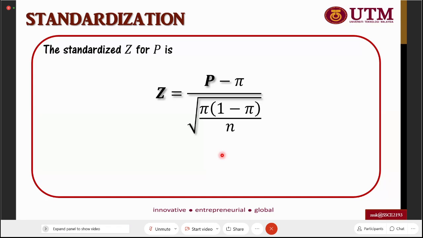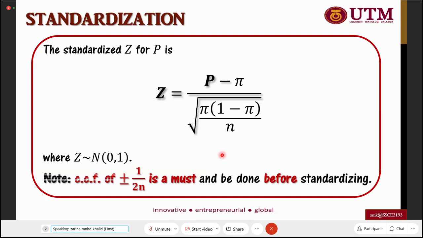In fact, the distribution for P is on page 2, but the Z expression is on page 3. So you can look at the booklet and check it out. Z is standard normal with mean 0 and variance 1, and then you can use your calculator when you get to Z. But before you standardize, this is what you have to do.